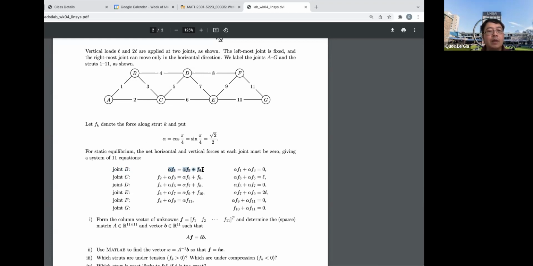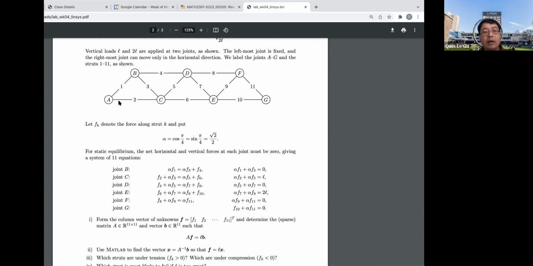So this means that for joint B, you have equations 1 and 3 here. And then for joint C, you have equations 2 and 3 already. So joint A, we don't have to consider again because the equation over the edge is more important. So we do not skip the point A, but it has been covered.